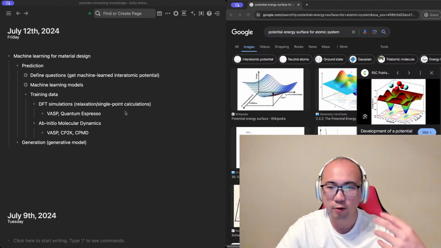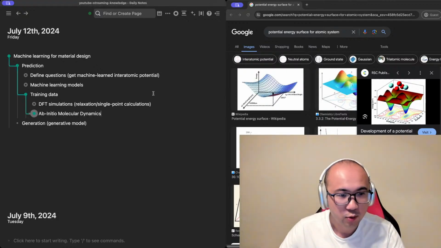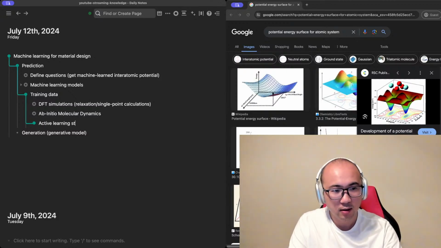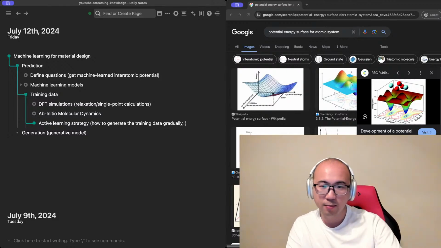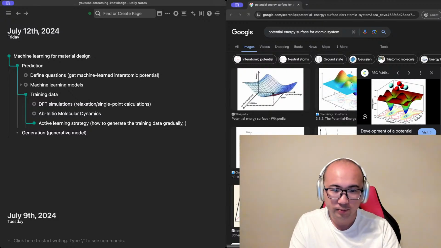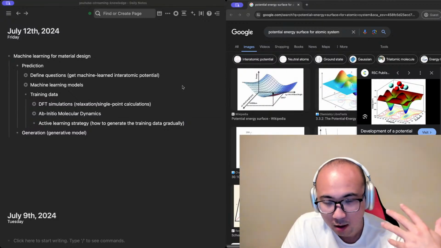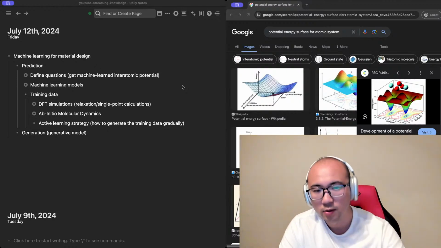And so here is our training data. But it's very important to provide an active learning strategy, which basically means how to generate the training data gradually, step by step. This needs some different algorithms.